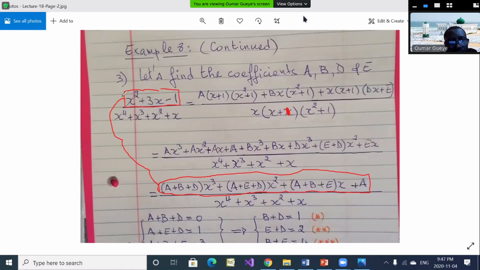So the coefficient of x cubed from the left is 0, and that's why this coefficient should be 0. The coefficient of x squared from the right is a plus e plus d, and the coefficient of x squared from the left is 1. So we got here a plus e plus d equal to 1. The coefficient of x here is a plus b plus e, and on the left the coefficient of x is equal to 3. And the constant a is equal to -1.